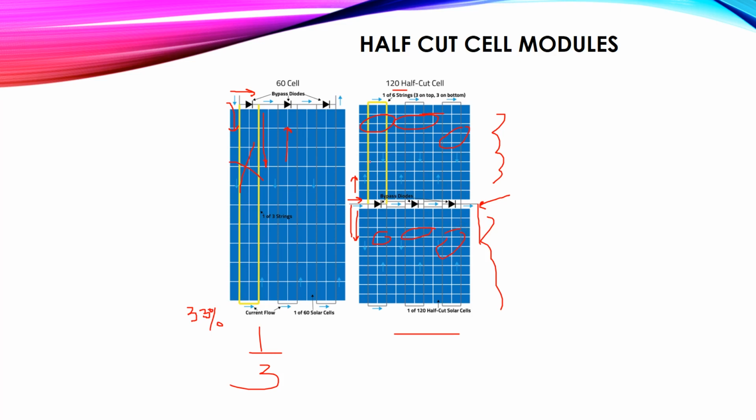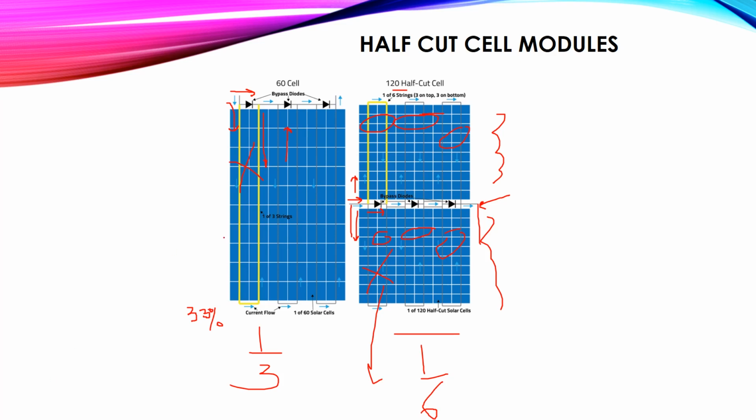So we divided our panel into 6 strings or 6 parts. So now if this part has a problem, the current will not flow through it, but it will flow through the bypass diode. Now this part is considered only 1/6 of the panel. So now the power is reduced by just 1/6, since we divided the panel into more strings.